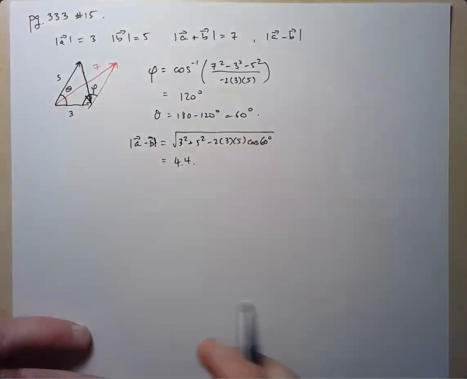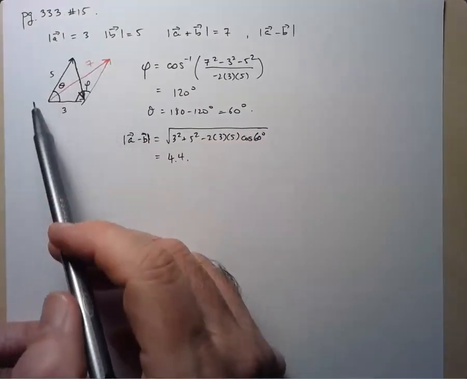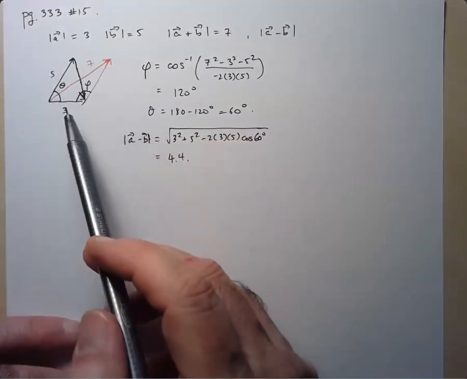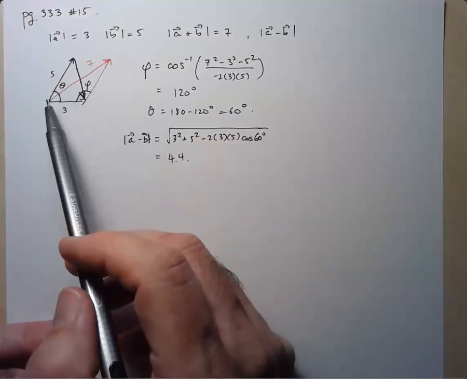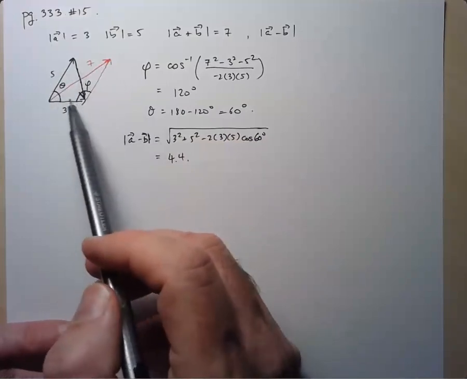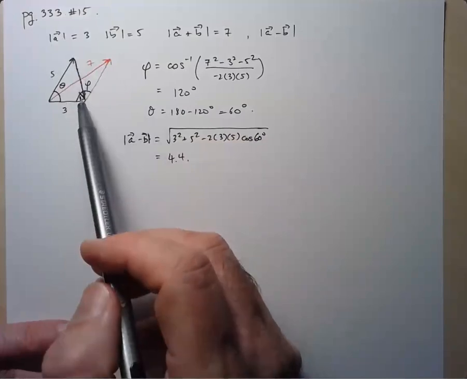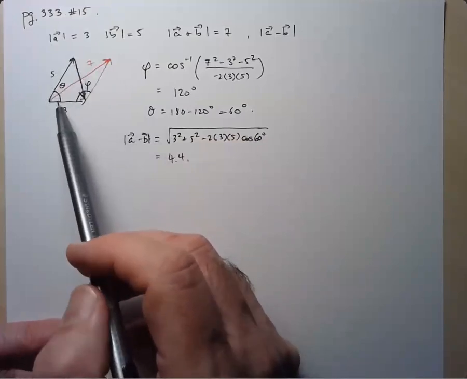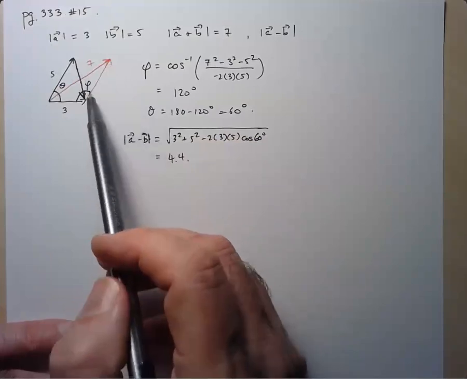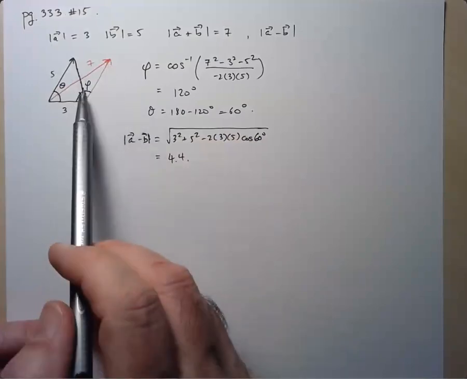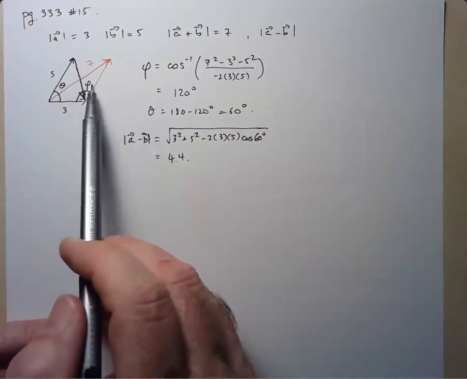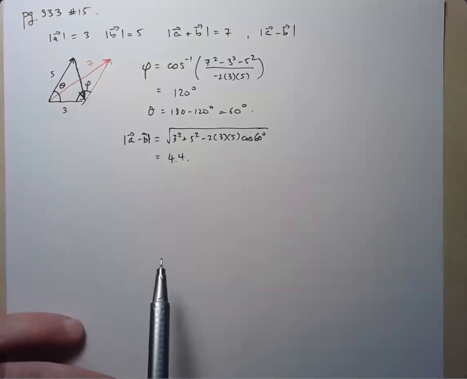The idea here is about understanding the relationships involved: the relationship between two vectors placed tail to tail and their subtraction, and working with those two vectors with the addition, placing them tip to tail, and understanding the relationship between these angles. Are there any questions on this one?